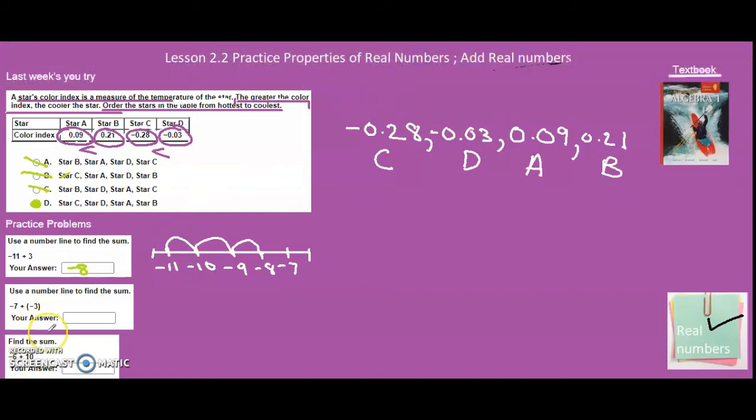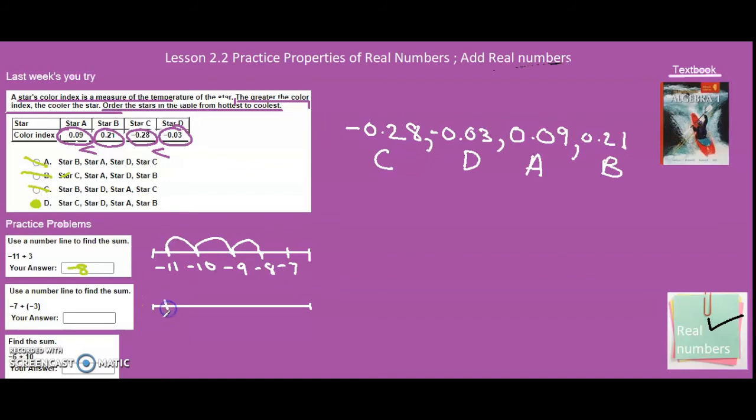Again, this question says use a number line to find the sum, and I'm going to draw another number line here. The number we're using is a negative integer again, negative 7. So let me write down negative 7 and so forth.